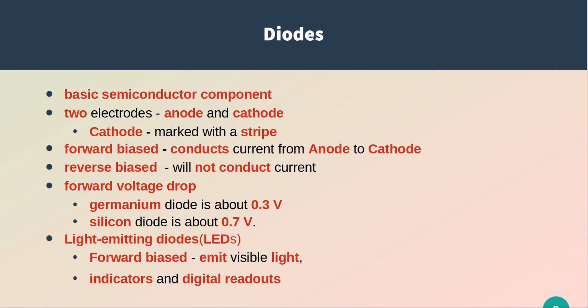In other words, it takes 0.3 of a volt before that diode will conduct in the forward direction. It will not conduct in the reverse direction until you exceed its breakdown voltage, and then it won't conduct anymore either way. In the case of silicon, which most diodes are based on now, it's approximately 0.7 volts.